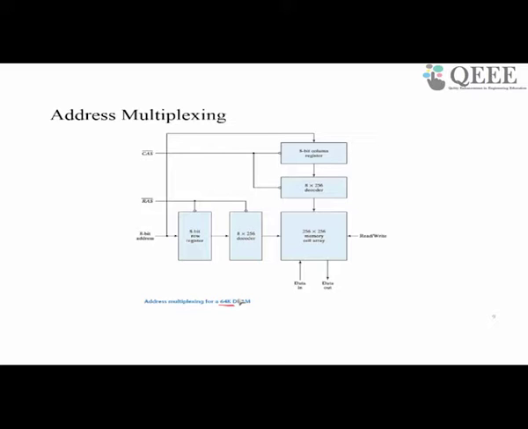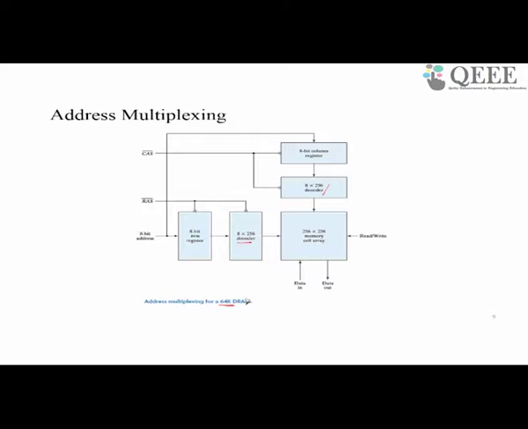There will be 8 lines for row selection and 8 lines for column selection, and therefore we can have 8 to 256 decoders here, one for row and another for column. And this 256 by 256 array of bit cells can be used to construct a 64K memory.